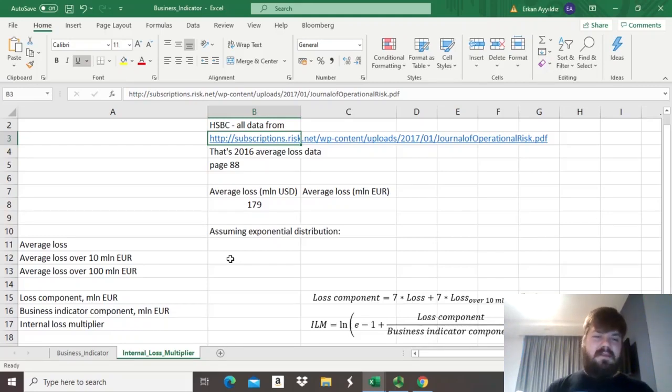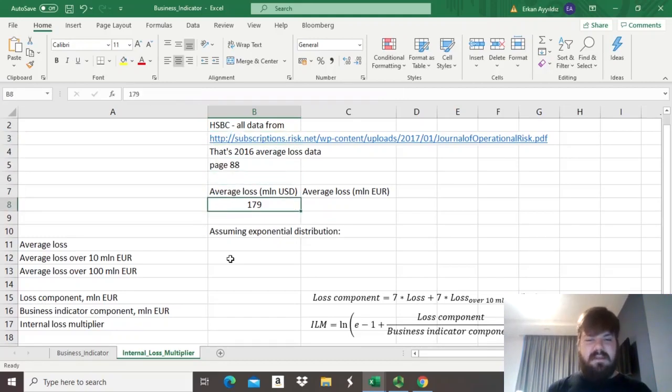Mine is from 2016, slightly outdated, but not too much, so it still can be used with reasonable accuracy to estimate our internal loss multiplier. So we can see that our average loss in millions of dollars is 179. So on average, HSBC's loss is $179 million.